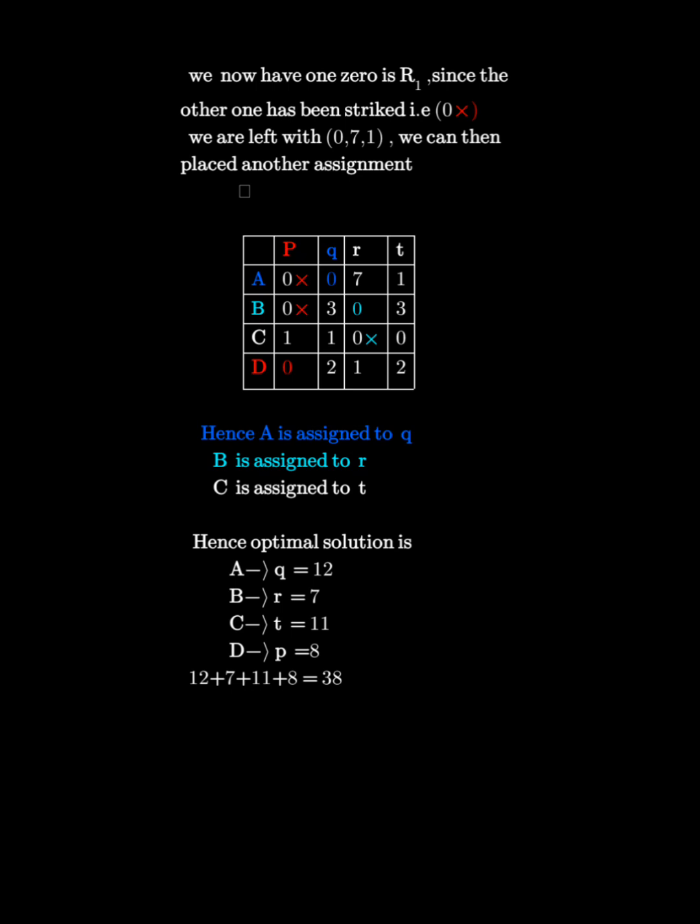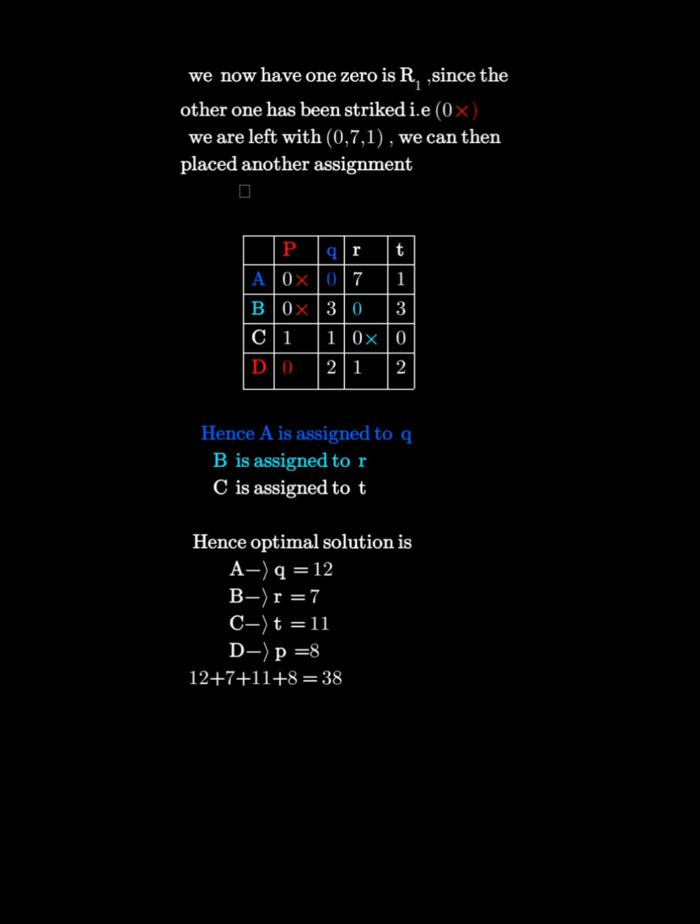So we've done three assignments. It's remaining one last person to be given a job, which is going to be C. Before going back to C, you notice that in the column of C, there is one 0 down, so you are going to strike that 0 down.